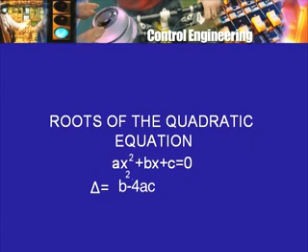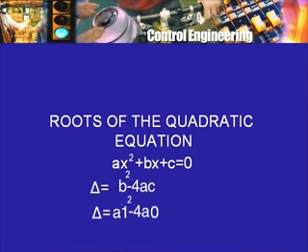In that case the discriminant is b squared minus 4ac. This number is called the discriminant of the quadratic equation, and so in this case, because the coefficient of x squared is 1, our discriminant will be a1 squared minus 4 a0. This is the discriminant of the quadratic equation.